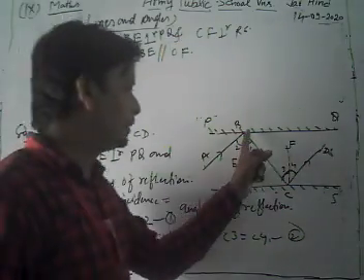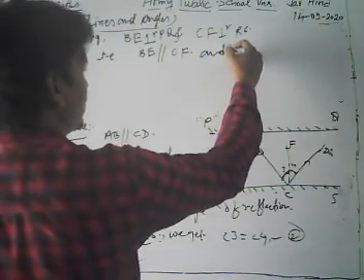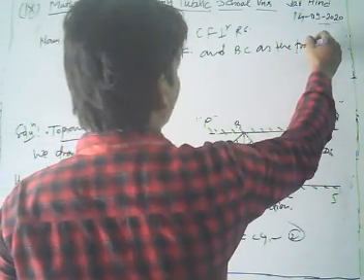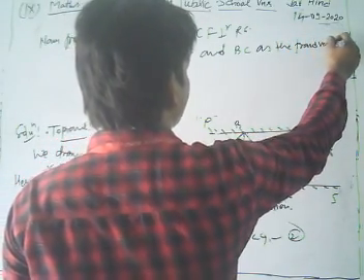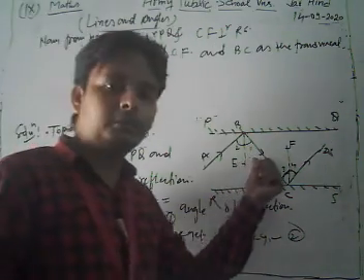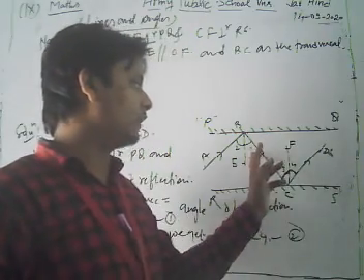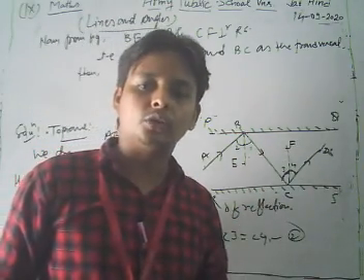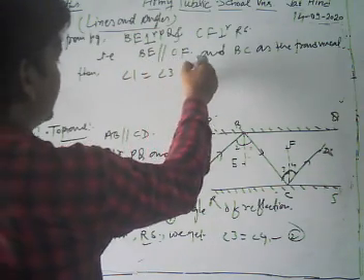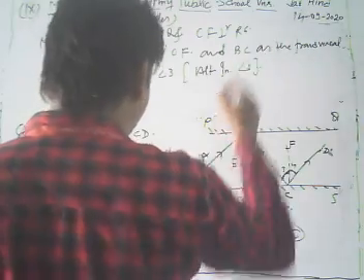If BE is parallel to CF and BC is a transversal, then angle 1 must be equal to angle 3 because the alternate interior angles are equal to each other.